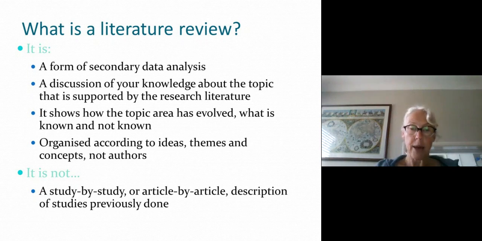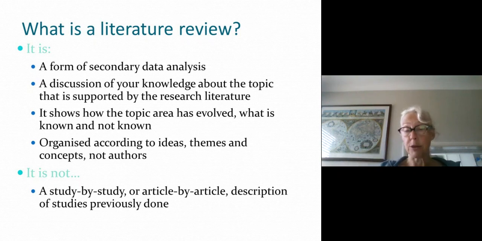The way we organise it is in relation to ideas, themes and concepts, not a list of authors, going through them one by one. So in a particular theme that we're looking at, say you were looking at motivation theory, that might be one of your themes in your literature review, and you're going to organise that according to different forms of motivation perhaps, or different theoretical perspectives on it, but you won't actually go through it by author.